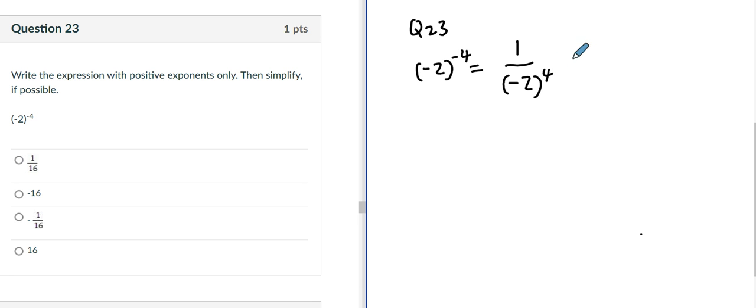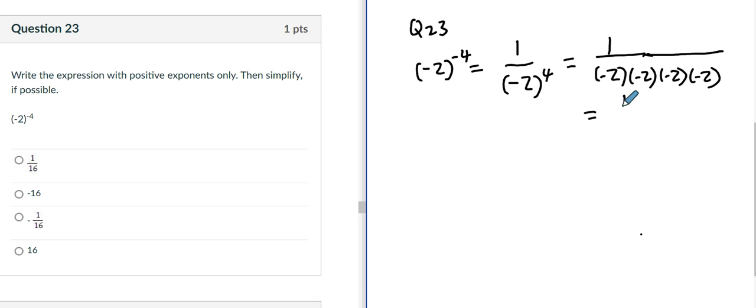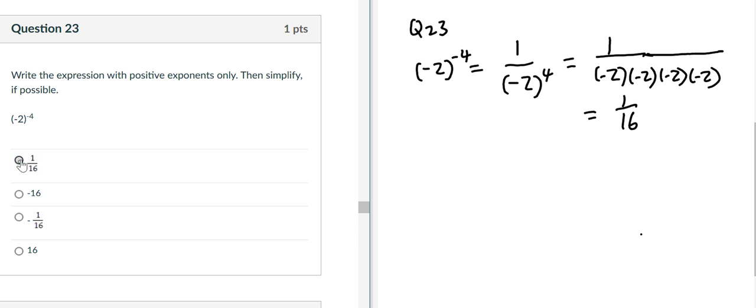Now you may know that negative 2 to the fourth, if you want me to recall, I can do that. It would be like this. And actually, 4 negatives, so you get positive. And 2 to the fourth is 16. Okay. So it's 1 over 16.